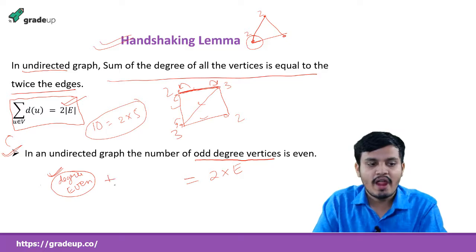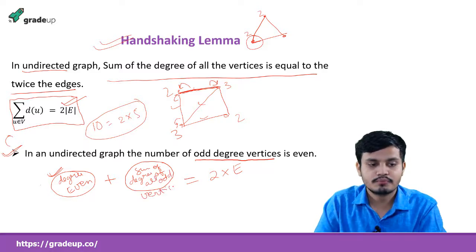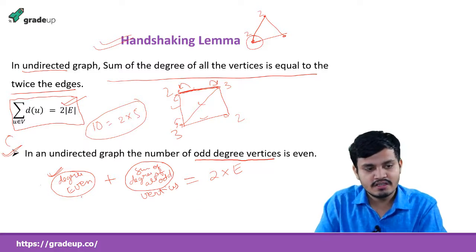And now the sum of degrees of all odd vertices. Now you do the subtraction.